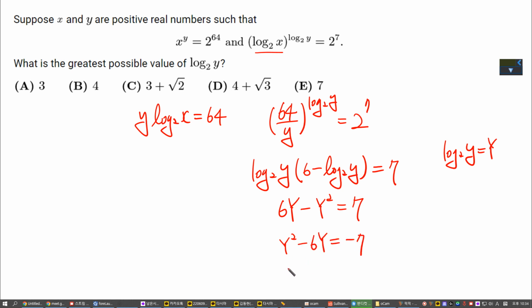And then we can complete the square to find the value of this capital Y. So, yep, which one is the greatest value among these two? C. Yep, C is the greatest value.